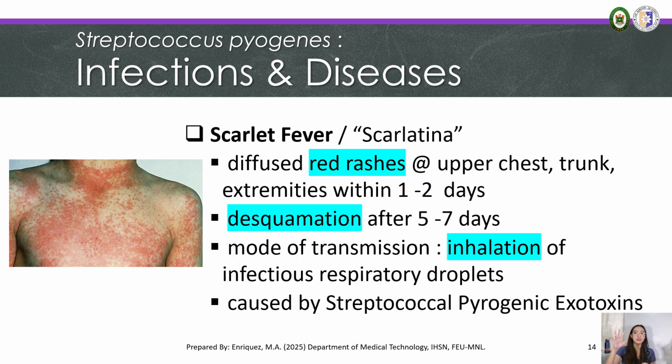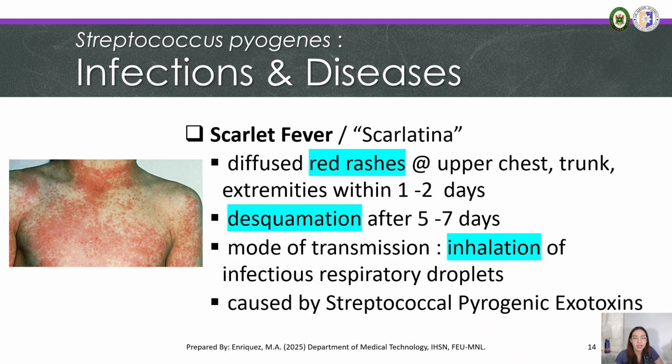Medyo mawawala na daw po yung mga rashes, pero magkakaroon ng desquamation, meaning there may be some areas of the skin na natutuklap. This photo on the left is an example of a patient suffering from scarlet fever. That's why it was referred to as scarlet fever, because the redness that was observed in the rashes of these patients has a certain shade of scarlet red.